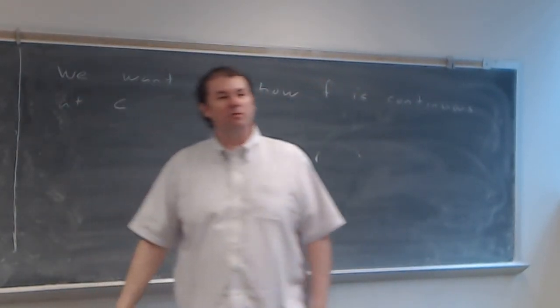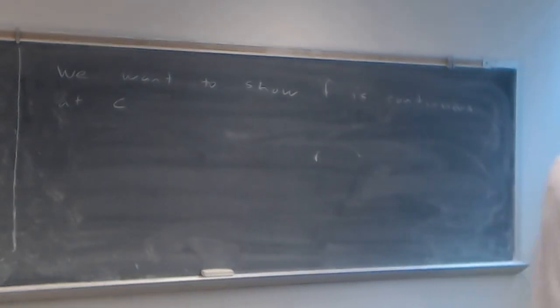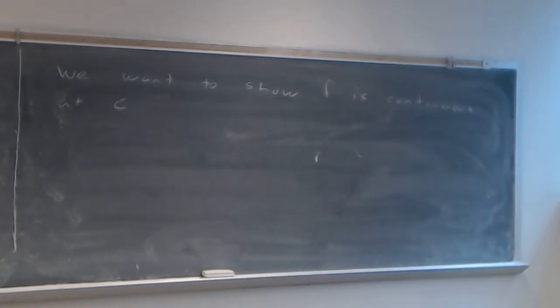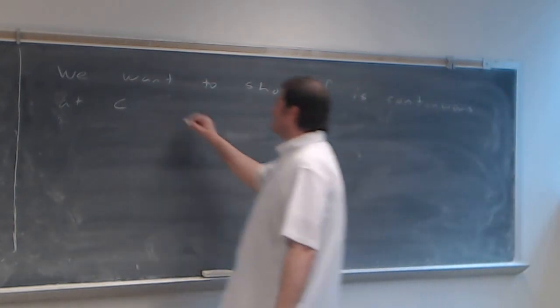Well, I only got one way of doing that. What is the way of doing that? That's the definition. So what's the definition to start off with? It says, well, let epsilon greater than 0 be given. We need to find this delta.